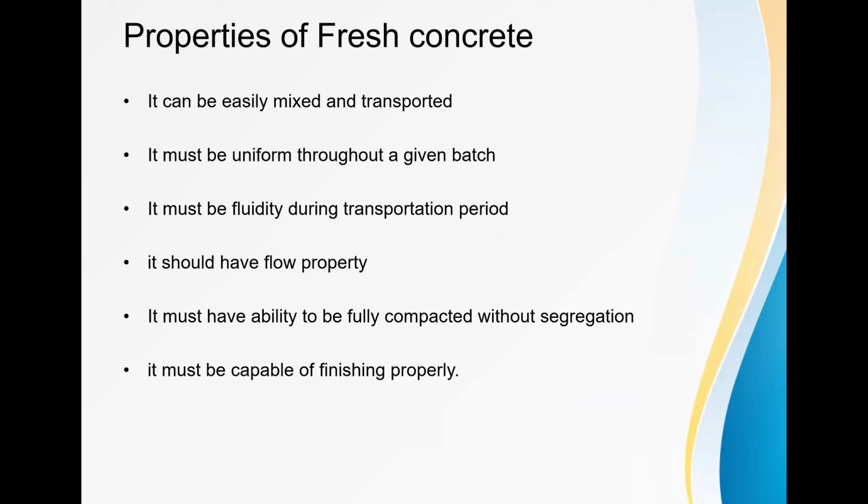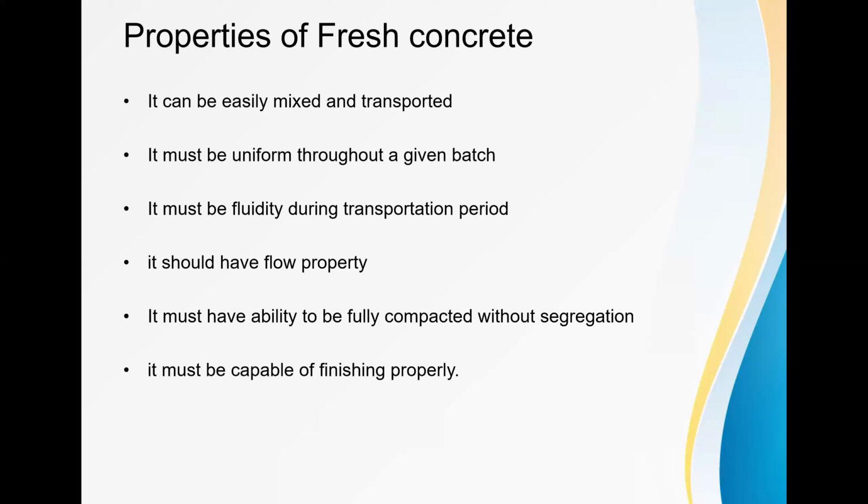And it must have fluidity during the transportation period. If our site is located too far from the RMC plant, the concrete should maintain its fluidity during transportation, so it should not set in the transit mixer itself. It should have some flow property.